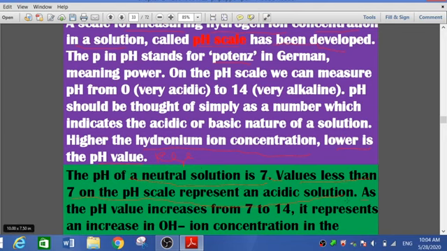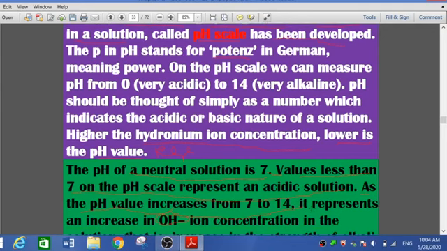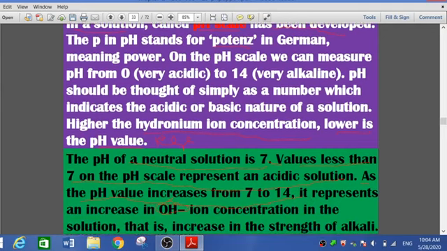If the pH value is less than 7, they are acidic solutions. When the pH value increases from 7 to 14, it represents an increase in OH minus concentration, because it is a base. So 7 to 14 is base. Now OH ion concentration is increasing, and the pH value is also increasing.